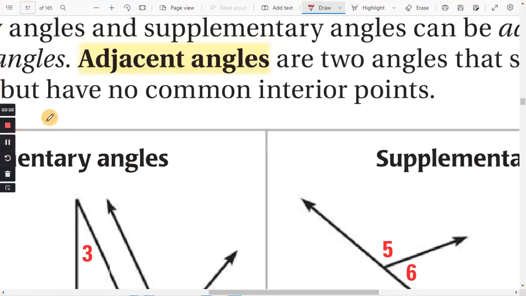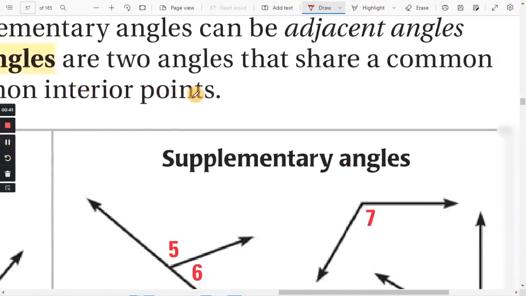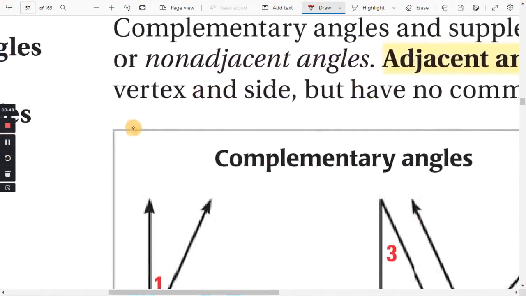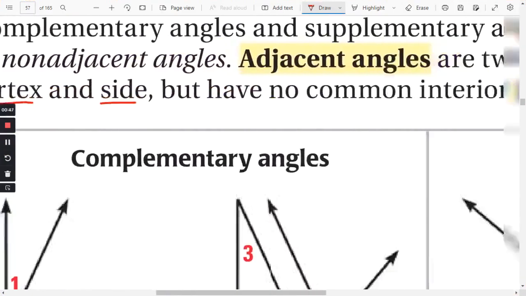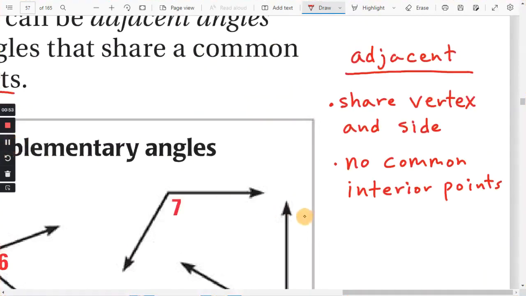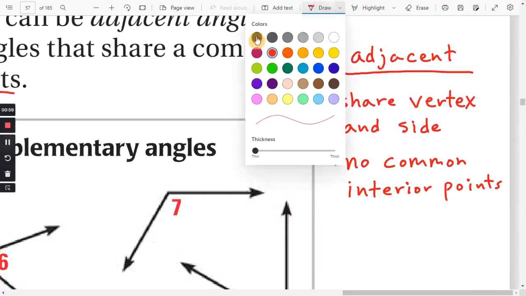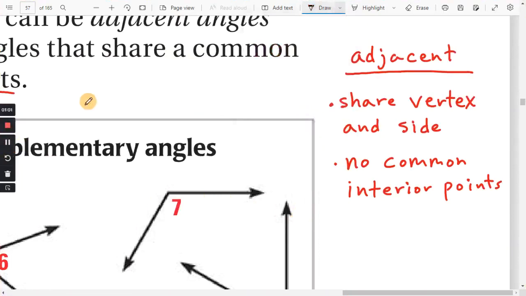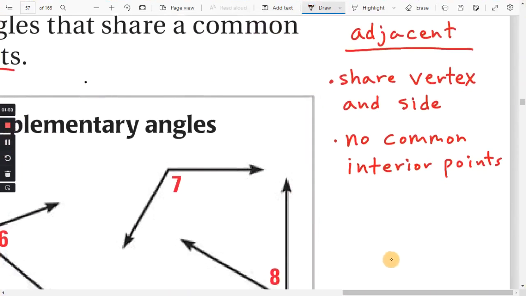And finally, adjacent angles are two angles that share a common vertex and a side, but have no common interior points. So I'll write that out. Adjacent angles share a vertex and a side, and they have no common interior points. It would look something like this.